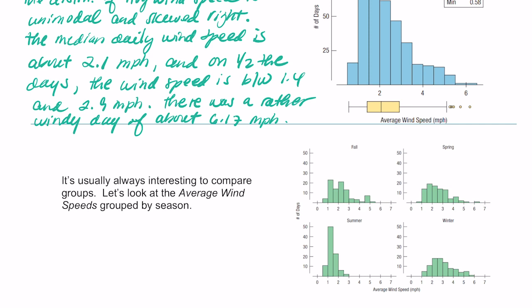The windiest day was actually in the spring. That indicates a windy day of about between 6 and 7 miles per hour. So here we know that fall, winter, and spring had similar average wind speeds.